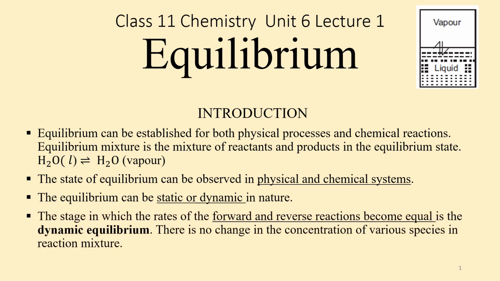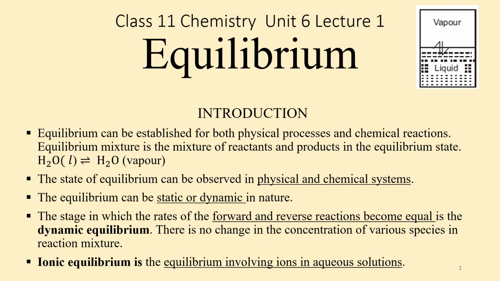At this stage, the system is in dynamic equilibrium and the rates of forward and reverse reactions become equal. It is due to the dynamic equilibrium stage that there is no change in the concentrations of various species in the reaction mixture.